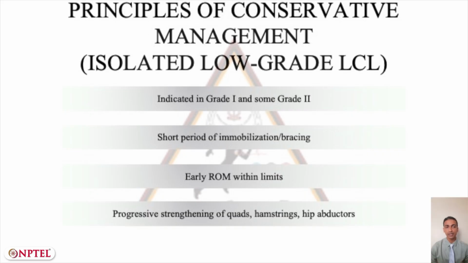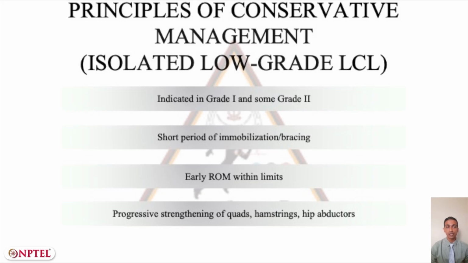Most isolated grade 1 and grade 2 LCL injuries are managed non-operatively or conservatively. The key is short term bracing with protection against varus forces, that is, forces directed from the inner aspect to the outer aspect of the knee.